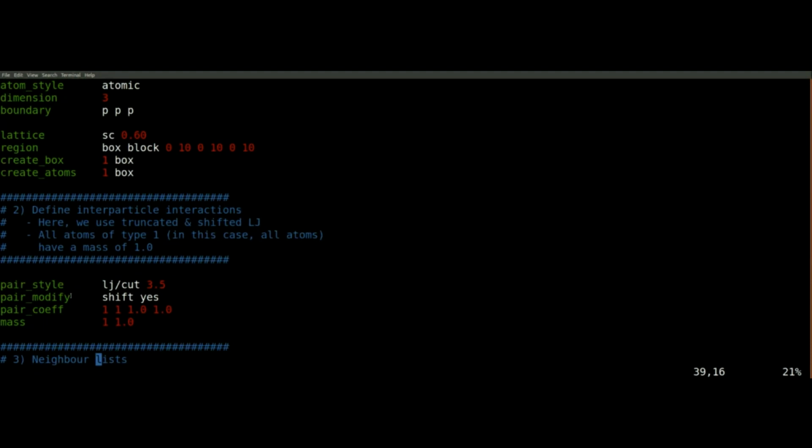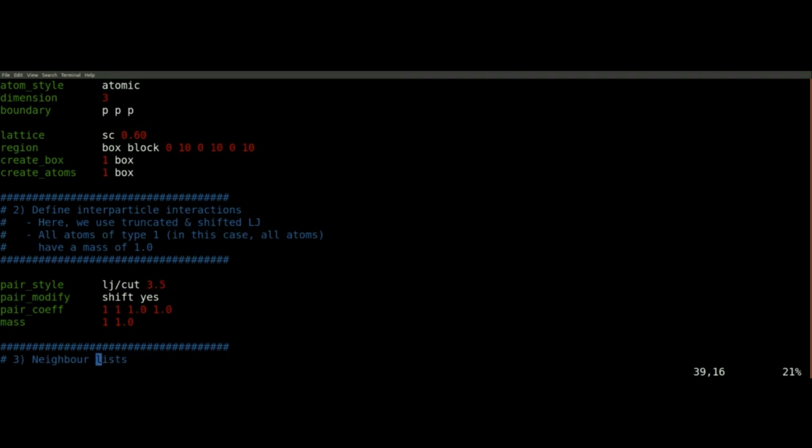Pair style is where you define what your particle-particle interactions are. There are loads of them. I looked it up actually quite recently, and there's 221 different pair styles in LAMMPS. A ton of them are different variations on Lennard-Jones, but there's also more realistic pair styles, like electrostatic pair styles.